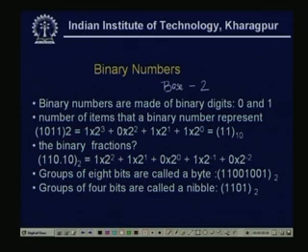So, the number of items that a binary number represents, as the digits are only 1, 0, 1, 1 in base 2, it will be 1 into 2 to the power 3, 0 into 2 square, 1 into 2 to the power 1 plus 1 into 2 to the power 0, and if we compute this, 2 to the power 3 is 8, 0 multiplied by 2 square means 0.